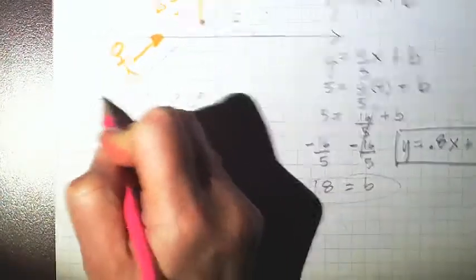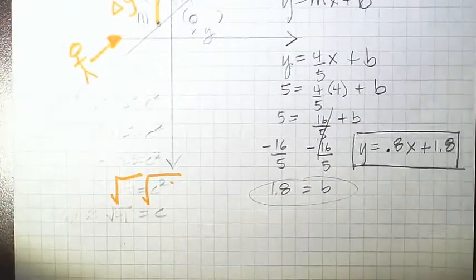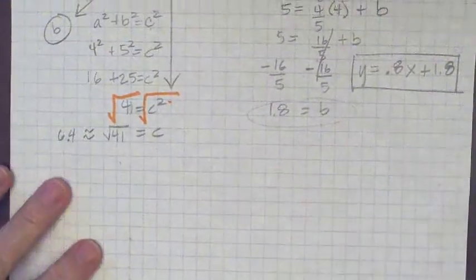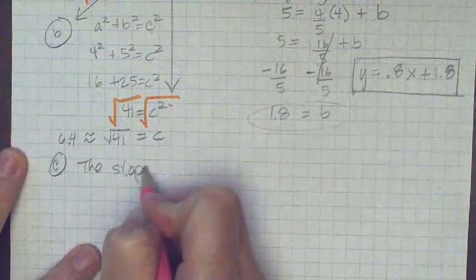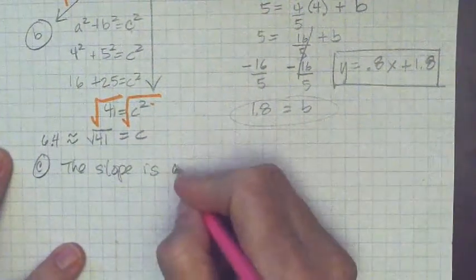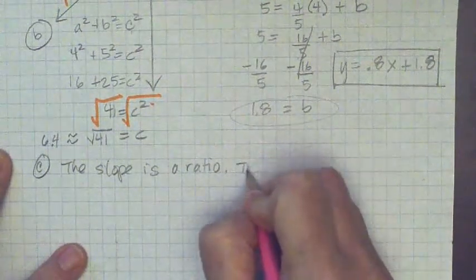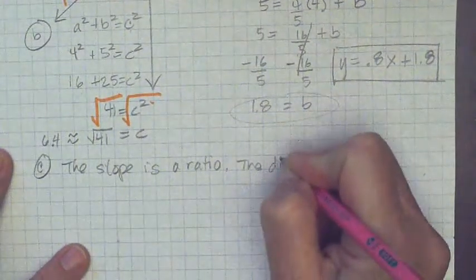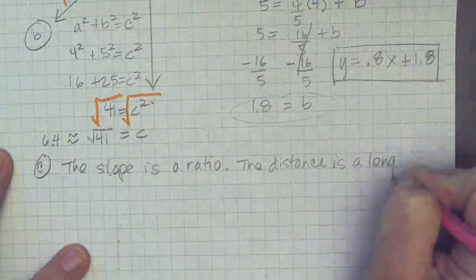So this was part B, and this is part C. The slope is a ratio. The distance is a length.